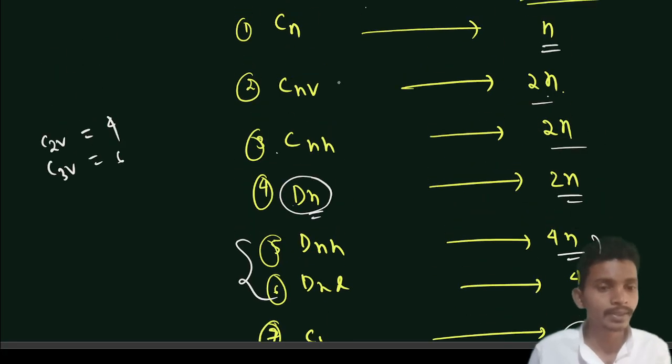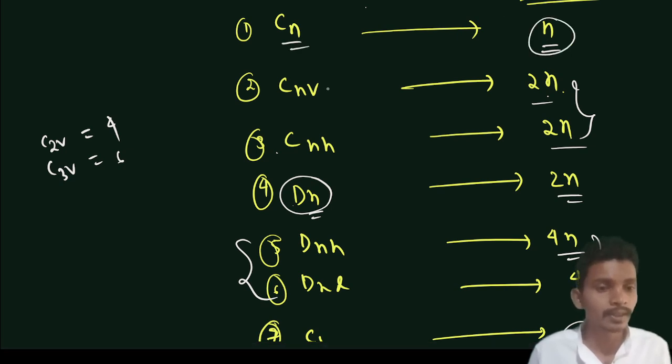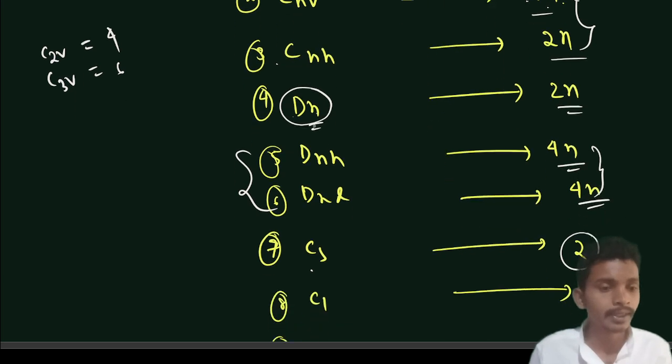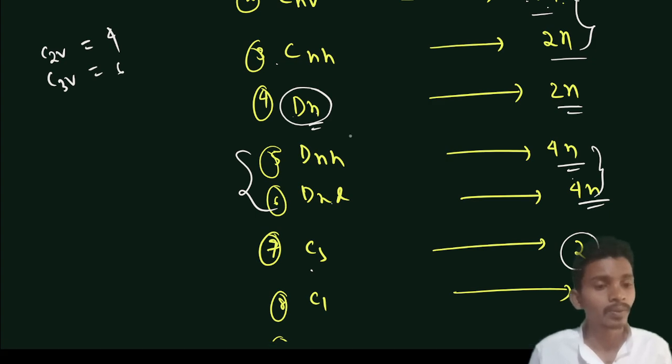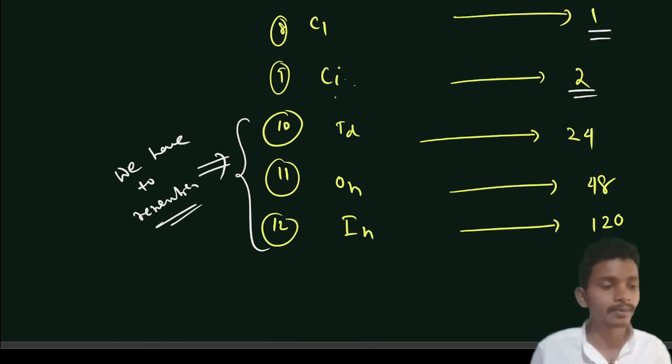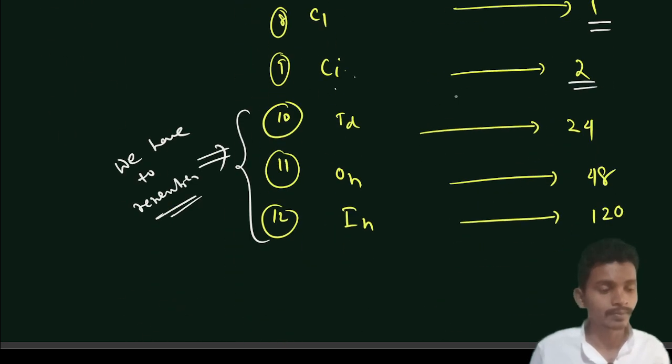Similarly for Dn and Dnh, Dnd, power n is there, so this is 2n. So for Dnh and Dnd we have to multiply by 2. Simply Dn, and if you multiply it for Dnh, there will come 2 into 2n. Okay, so we may understand it. So today up to this, thank you.